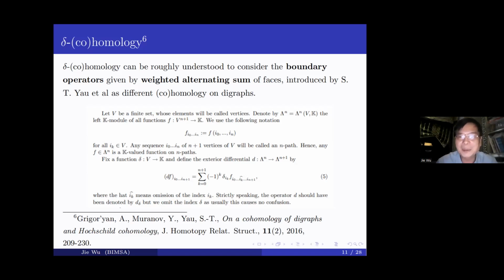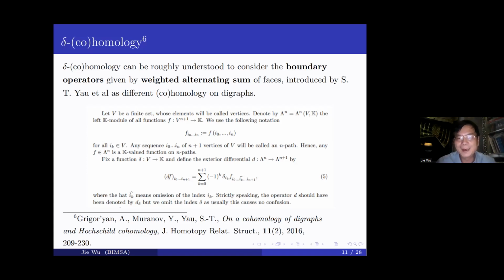One interesting thing is that each node has a weight, so you assign some weight and put it in a notation. And you look back at the simplicial homology.